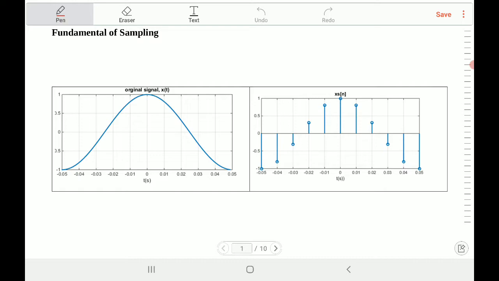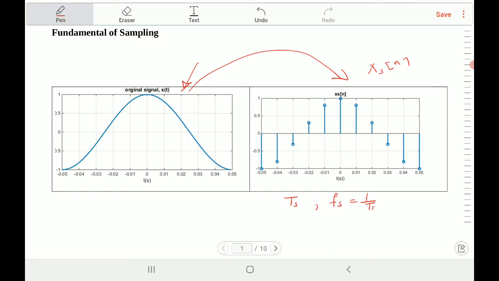We have here on this slide to the left the continuous time signal x of t, and we need to sample the signal to obtain the discrete time signal x s of n. So we'll get that from that. So what is the sampling interval? Or what is the sampling frequency? So we can do this job in the right way.